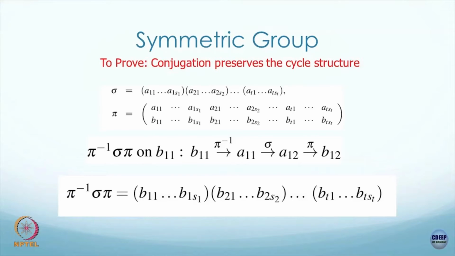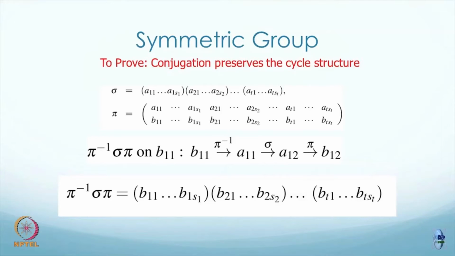If you do pi inverse sigma pi on B11, so let us take one of the elements, B11, what does pi inverse do on B11? It is a reverse operation. A specific element B11 under an inverse of pi will go to A11.